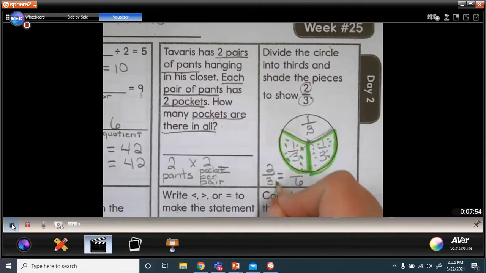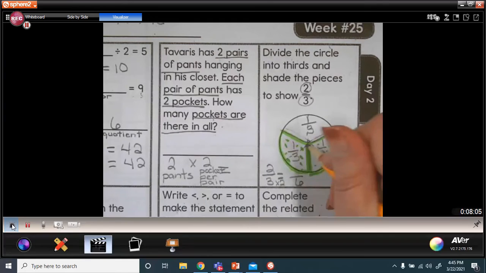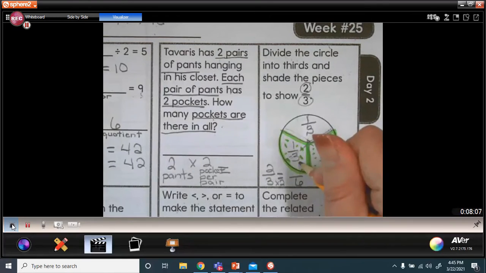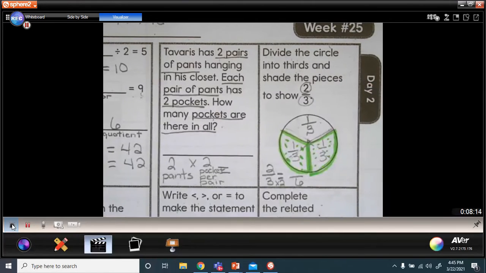So when I take those thirds and I cut them into 2 pieces, I have now cut it into 6 equal pieces. If you noticed, there's 2/6 here, 2/6 here, and there would be 2/6 here. And so when I have my 6 equal parts and I look at 2 of these thirds, how many sixths are in 2 of my thirds?